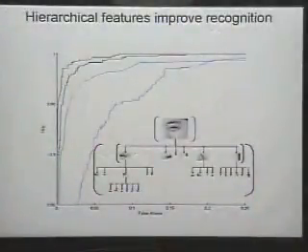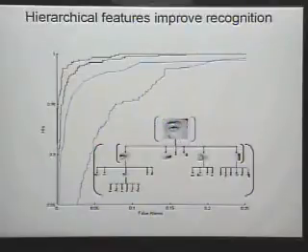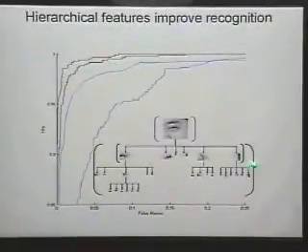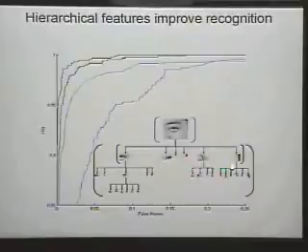So these are the ROC curves, and first of all, the blue one here is the ROC curve of a classifier built around this very fragment. Just a single fragment classifier. Now, the black one here is the ROC curve of a classifier based on the first level of decomposition.